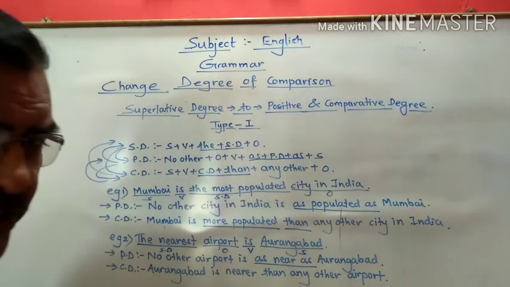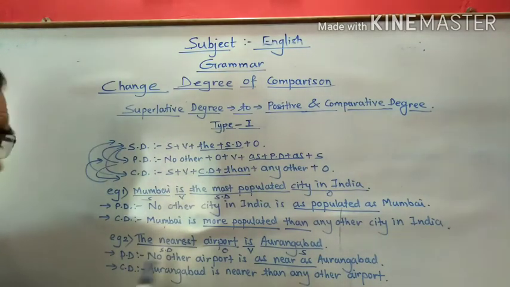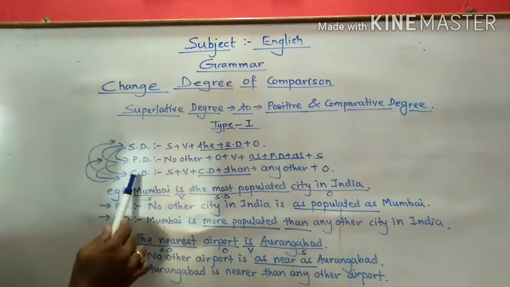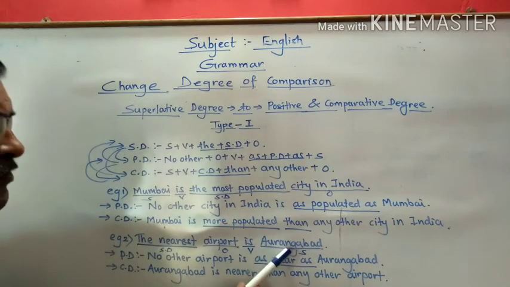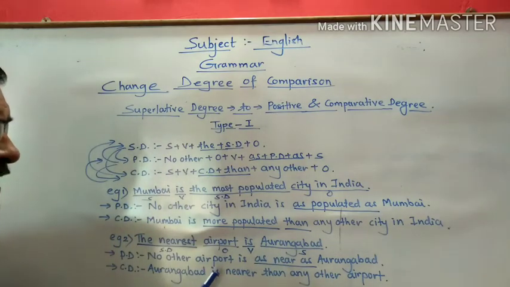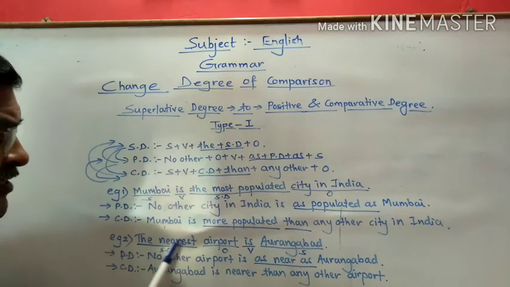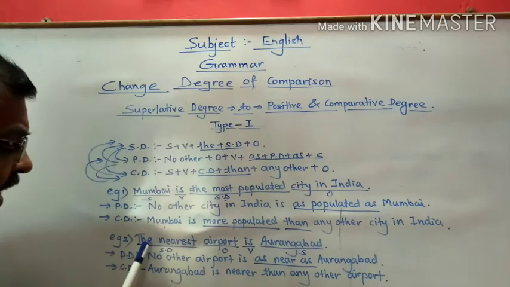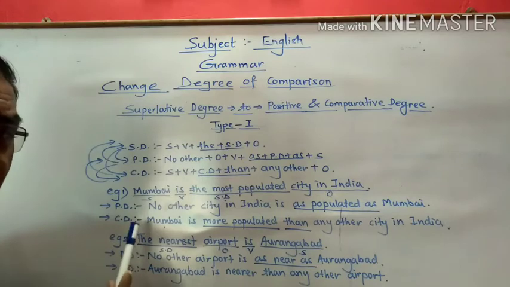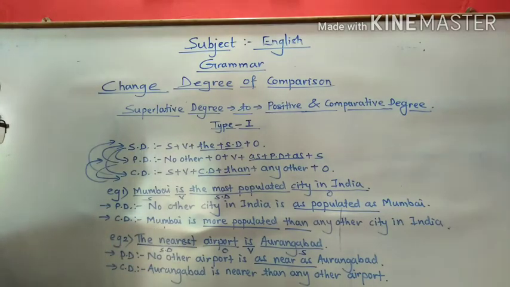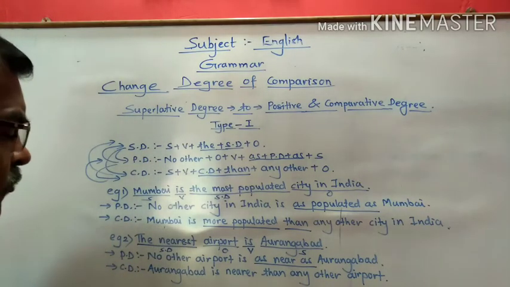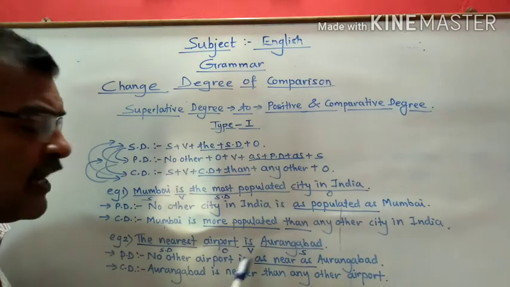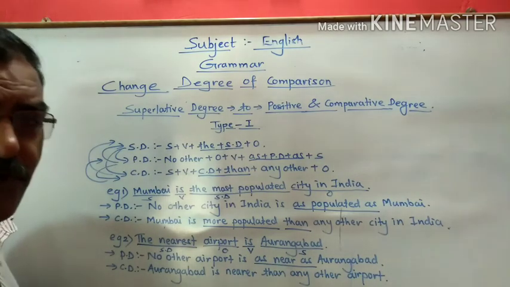Again, let us change this sentence into the comparative degree. What is your subject? Because in the comparative degree we need a subject. Aurangabad. Aurangabad is, now the superlative degree is "the nearest". This article "the" we use only with the superlative degree. So naturally we remove this article when we write the positive or comparative degree.